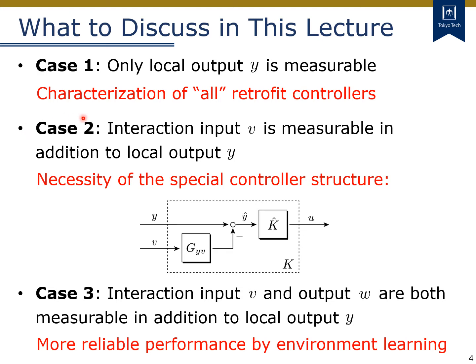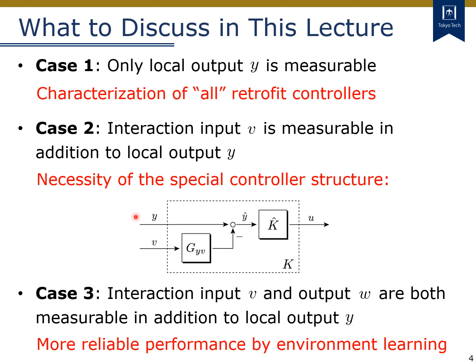In the second case, the interaction input V is supposed to be additionally measurable. This case is the same as the case considered in the previous online lecture. In fact, we can prove that any retrofit controller, which is a map from Y and V to U, can be represented as like this block diagram.